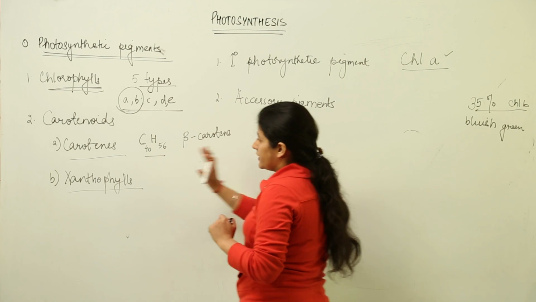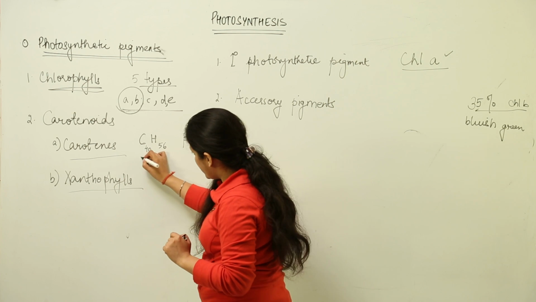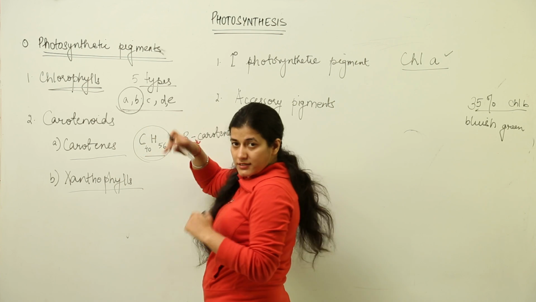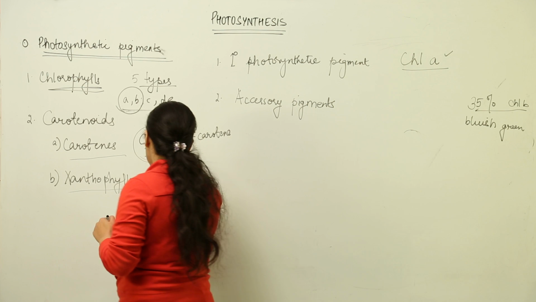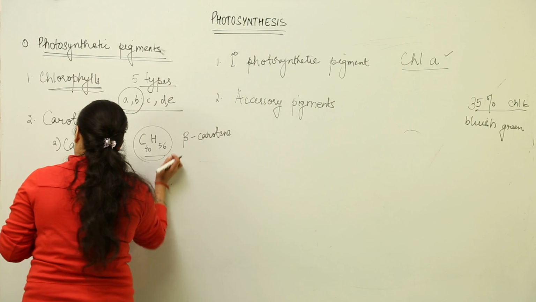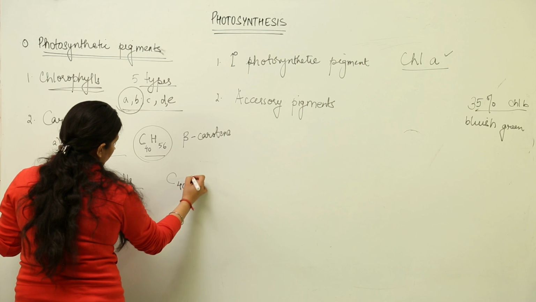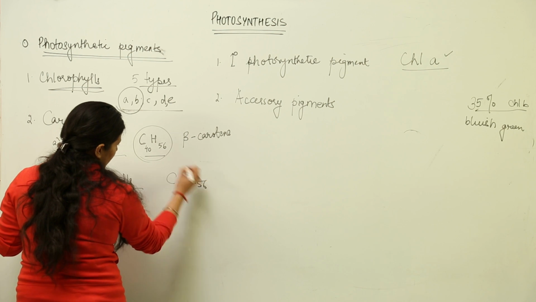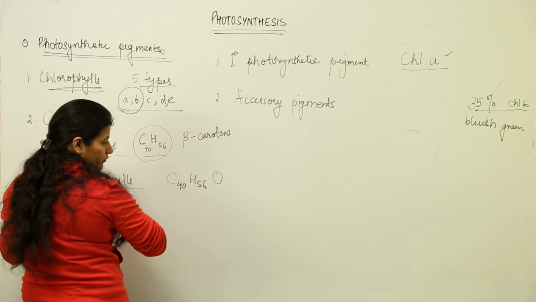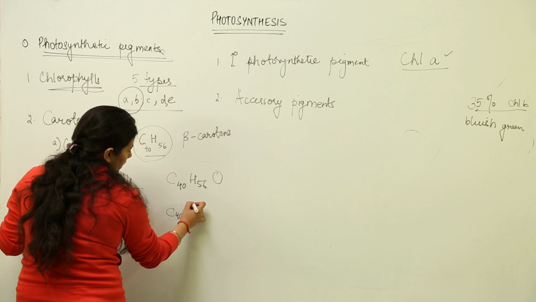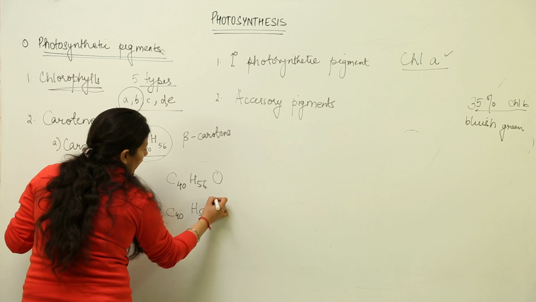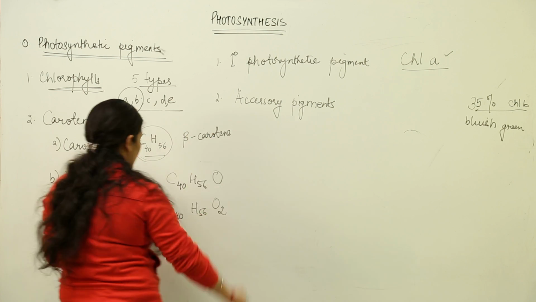In terms of xanthophyll, when these carotenes get oxidized, they form xanthophylls. Now simply, C40H56, same carotene, add 1 O. And C40H56, add another O. It becomes O2.